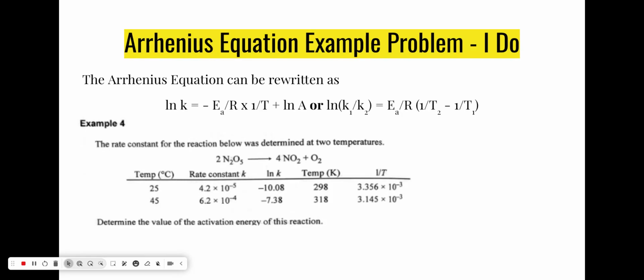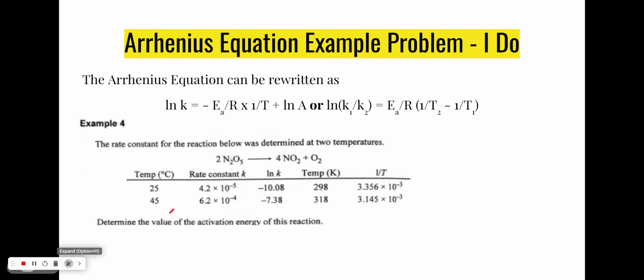That's something very significant that we're going to touch upon more in class. But I'll say it again. The overall rate of this chemical reaction increased as we increased the temperature by 20 degrees, as evident in the magnitude increase in the rate constant. Again, the rate constant went from 4.2 times 10 to the negative fifth up to 6.2 times 10 to the negative fourth. So just keep that in mind. Now, guys, what we're going to do is actually solve this problem, which is determine the energy of activation for this chemical reaction.